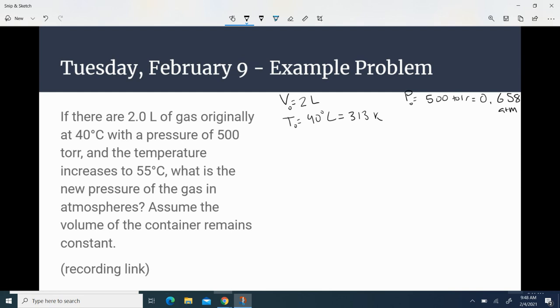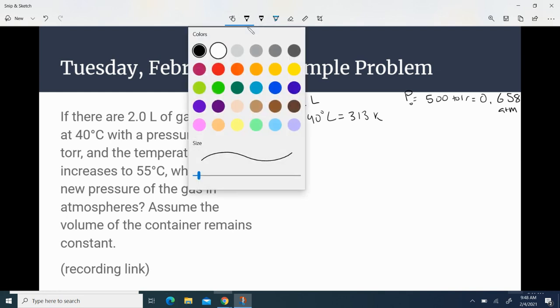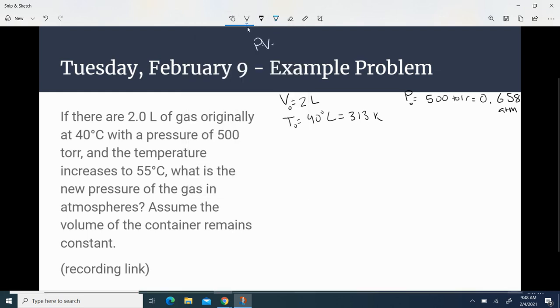Remember our formula is PV equals nRT. I don't know what n is right now. I know what R is, I know what T is, I know what V is, I know what P is, but I don't know what n is. I'm going to have to find n before I convert over to my second scenario.